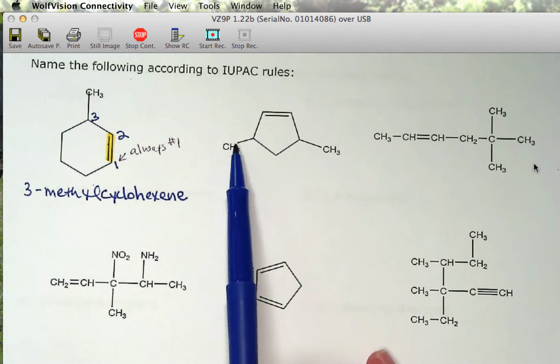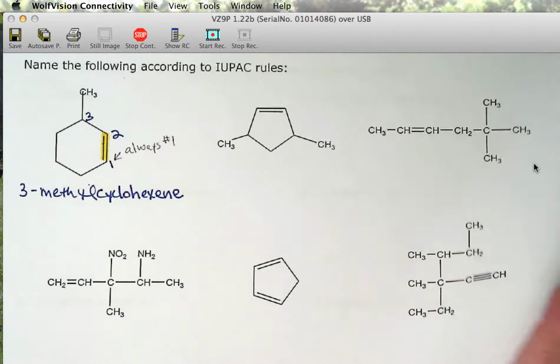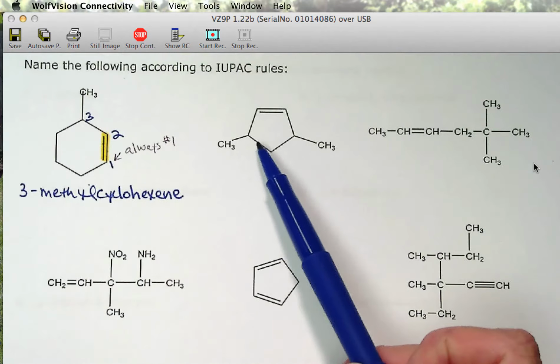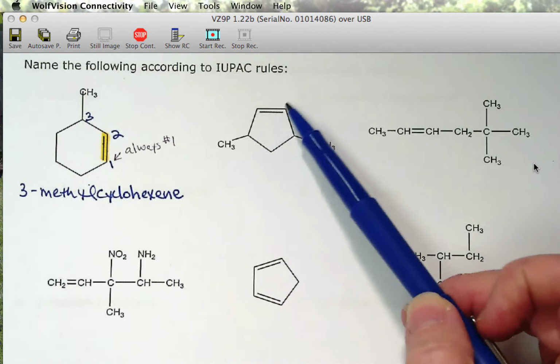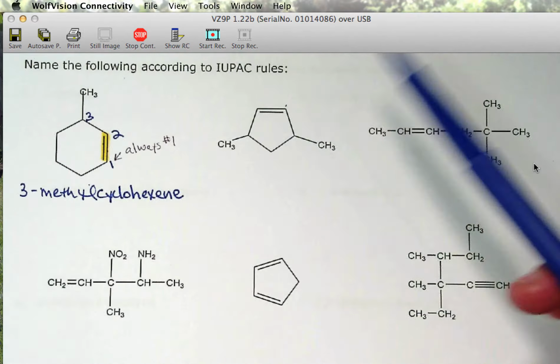So in this molecule, how would you go about numbering your ring, knowing that the alkene is always number 1? Because the double or triple bond always has the lowest number. Initially, students look at the structure and say 1, 2, 3, 4, but that doesn't take into consideration how important the double bond is.